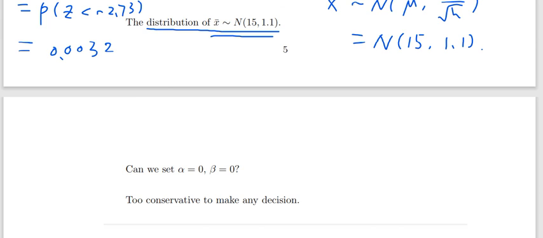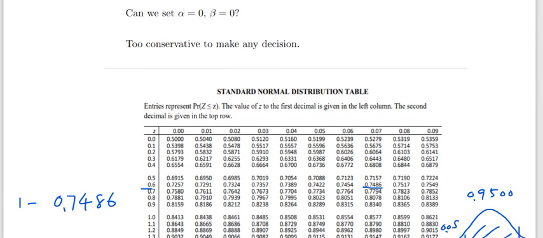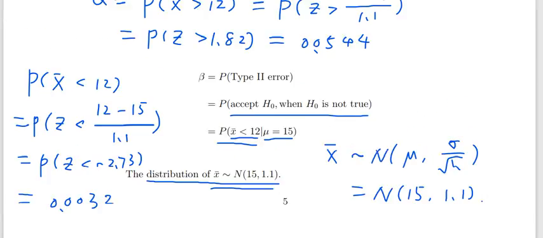So again, we cannot set alpha or beta both to be very, very small, because this becomes too conservative to make any decision. When we make a decision, we always have some risk that our decision maybe is wrong, right?